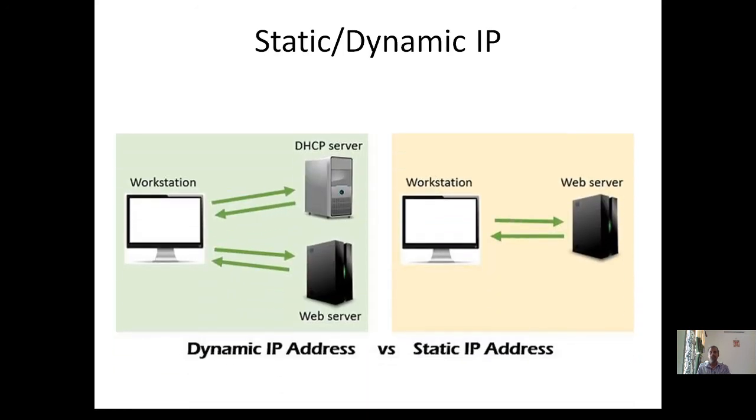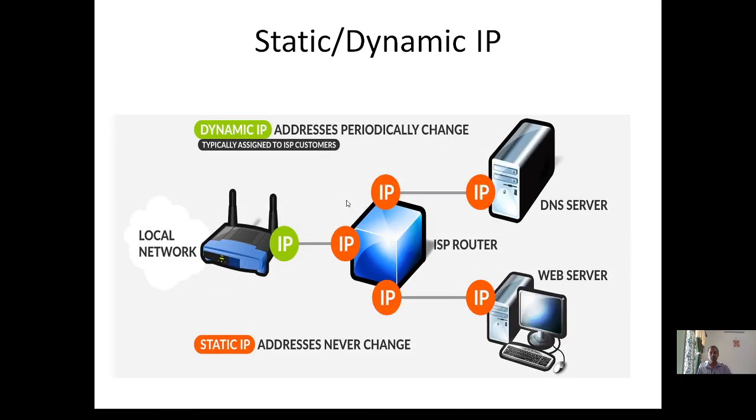Then what are static and dynamic IP addresses? A static IP address means it is permanent. A dynamic IP address means it is not permanent. Who provides the dynamic IP address? The DHCP server provides the dynamic IP address. This green color shows the dynamic IP address, and this color shows the address that never changes, that is, the static IP address.